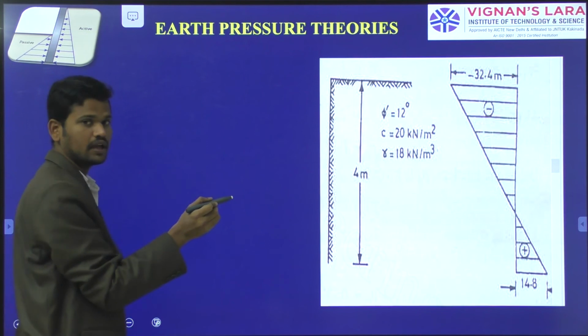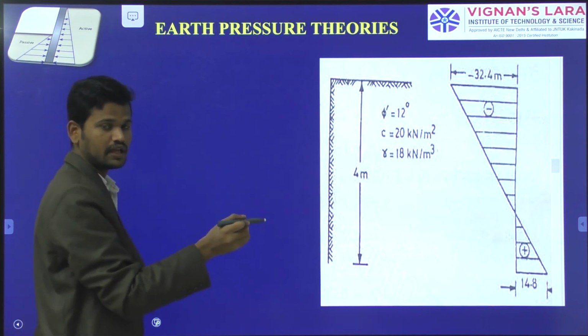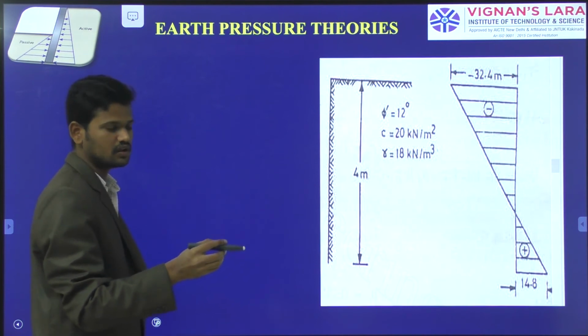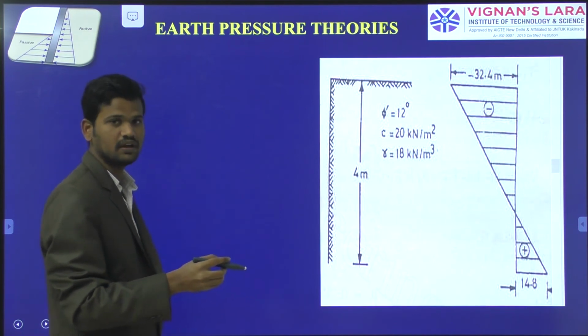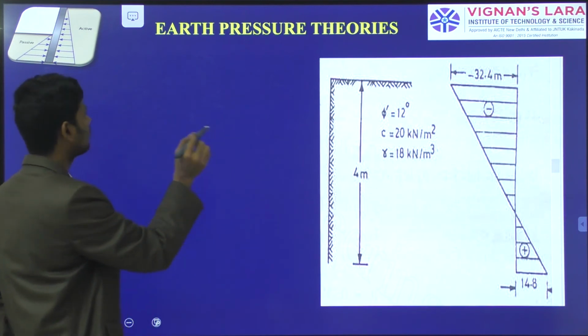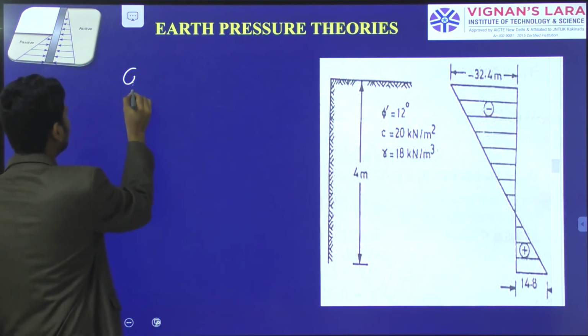This is the problem. I have taken it from Terzaghi, that means soil mechanics and foundation engineering, and geotechnical engineering by Arora. And if you see here, the given data I am writing here.